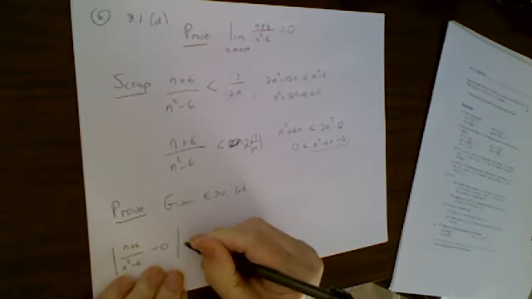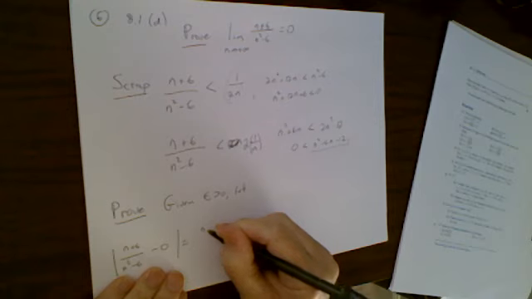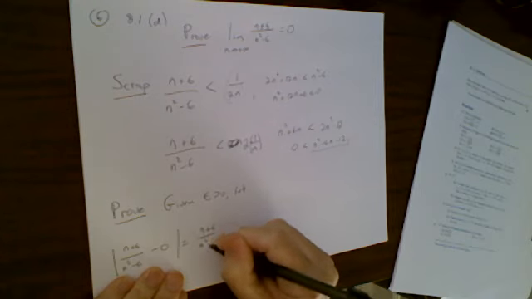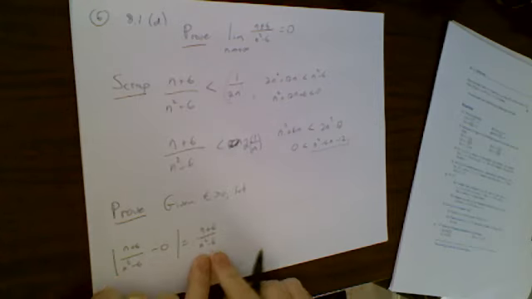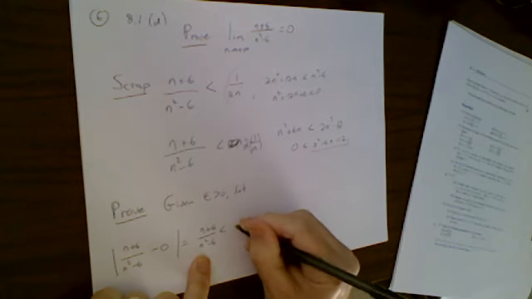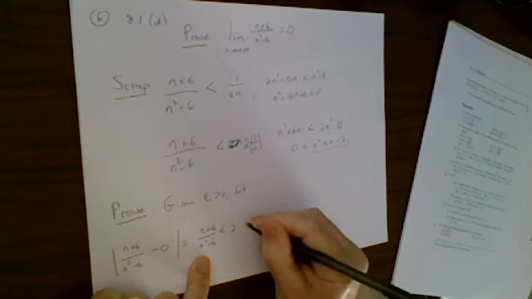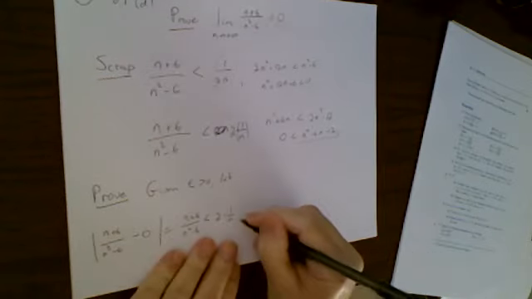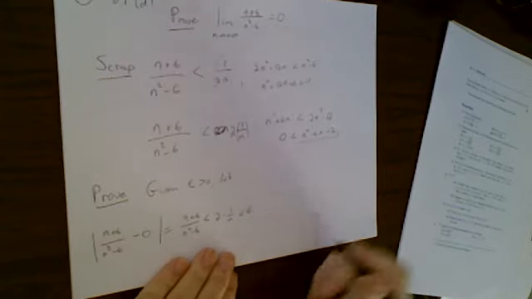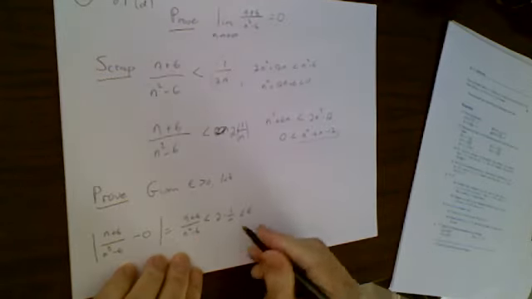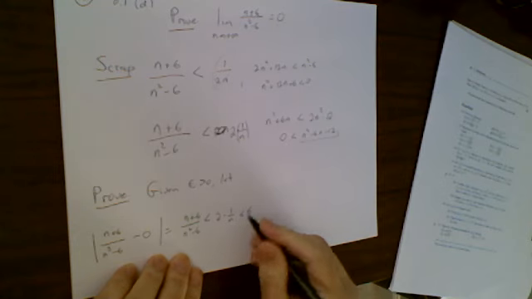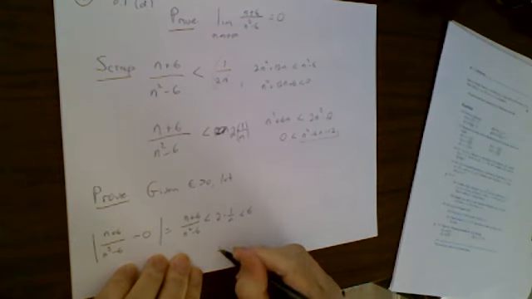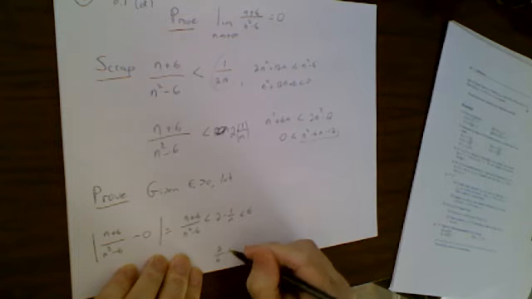But this is the same as n plus 6 over n squared minus 6, at least when this is positive. This is less than 2 times 1 over n, and this will be less than epsilon if I make the choice of, well, if I want this to be true, I would take 2 over epsilon to be less than n.